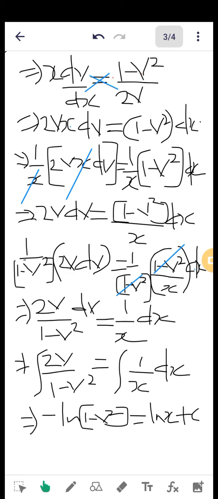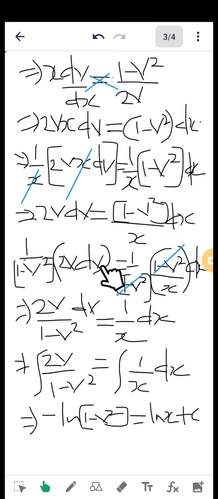So we can try to eliminate 1 minus v squared, or we try to send 1 minus v squared to the left hand side. So upon doing that, we multiply 2 by 1 over 1 minus v squared. Then we multiply the right hand side too by 1 over 1 minus v squared. So my 1 minus v squared will cancel 1 minus v squared.